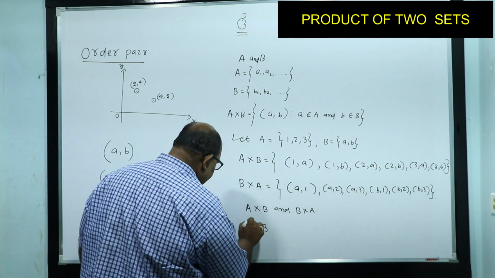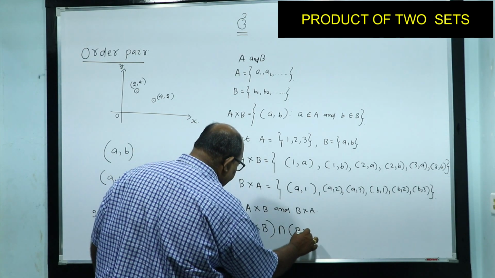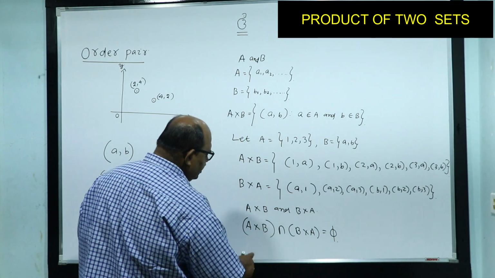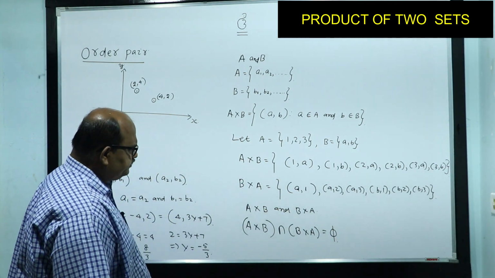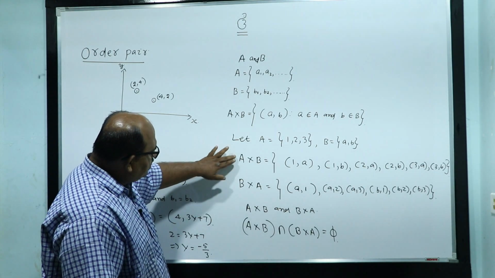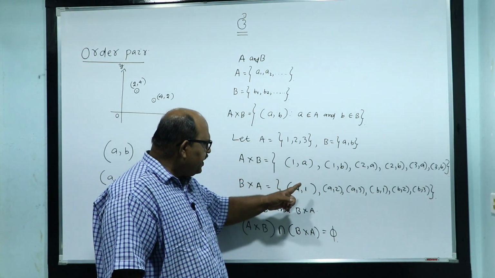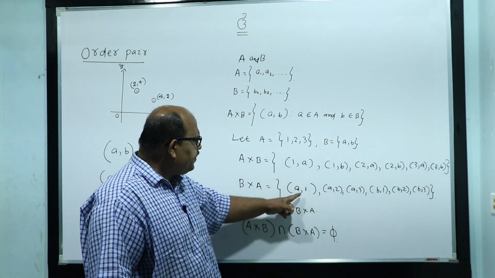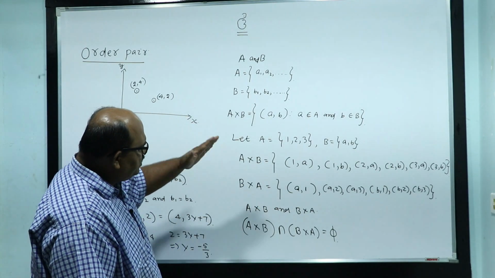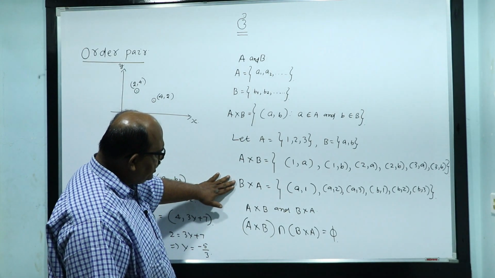So we can write A into B intersection B into A is equal to the empty set, because there is no element common. Again think, can we say A into B is equal to B into A? Never. Because the ordered pair (1, a) is not equal to the ordered pair (a, 1). Here I have explained: if the arrangement changes, then it becomes a new ordered pair. So A into B is not equal to B into A.